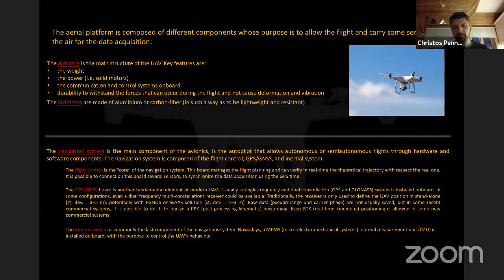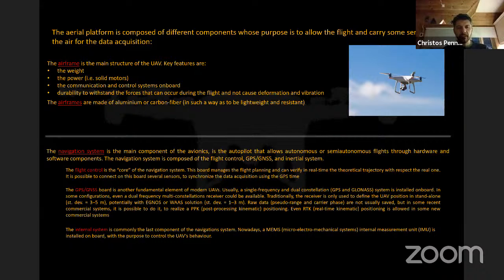The raw data, the pseudorange and the carrier phase, are not usually saved in this software component of the drone, but in some recent commercial systems this is also possible. And finally, we are moving to the inertial system, which is mostly known as the IMU.